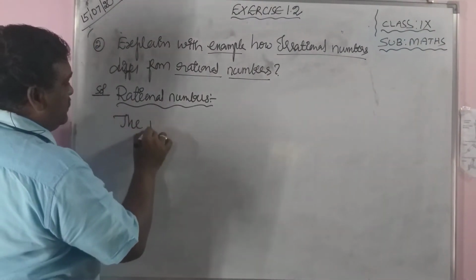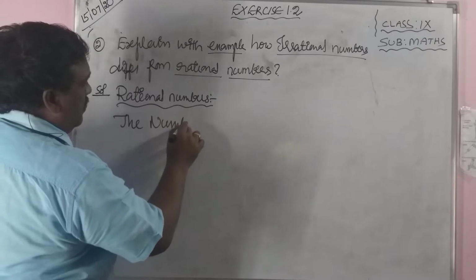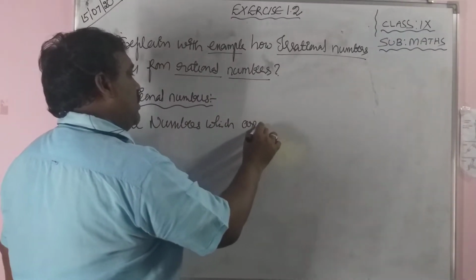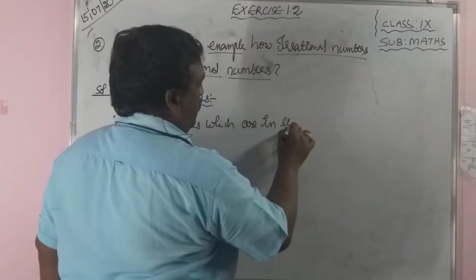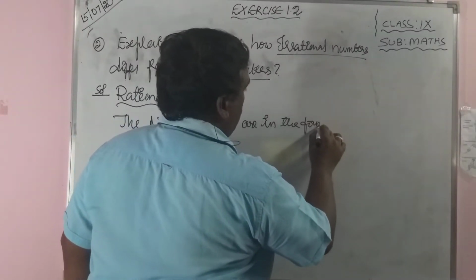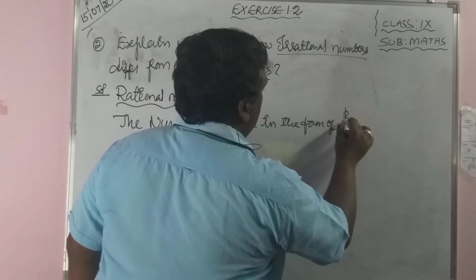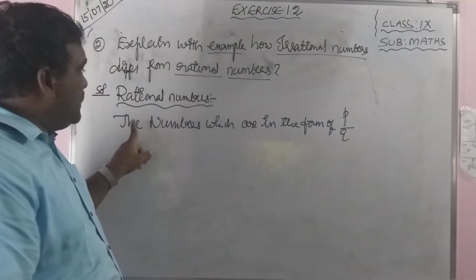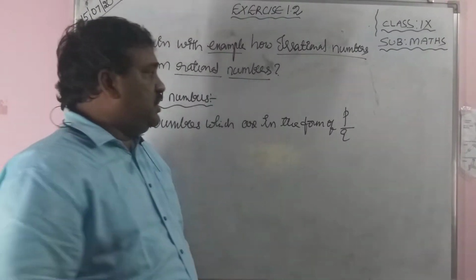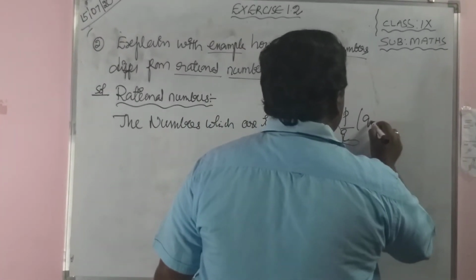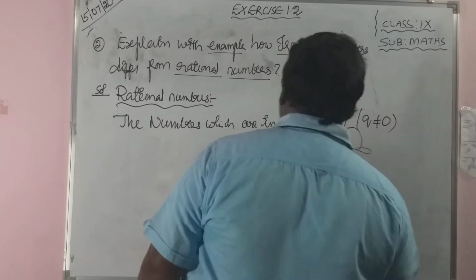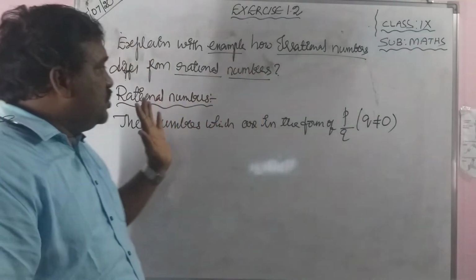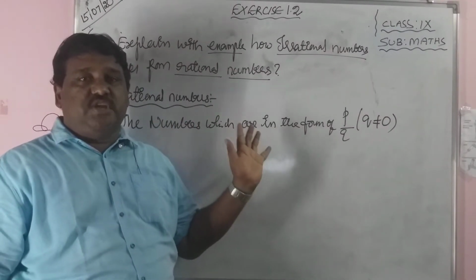The numbers which are in the form of P by Q, small p by small q, only small letters. What is the condition? Q not equal to 0. Without that, your definition is wrong.